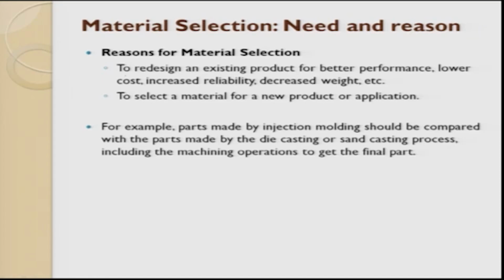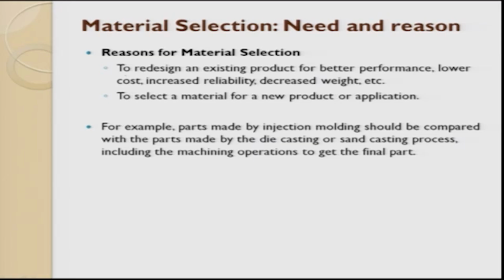The other 2 points which are very important: the first is to redesign an existing product. Whenever a product is made out of a material which is the ultimate, which cannot be recycled, which cannot be reworked, then there is a huge problem in those materials.